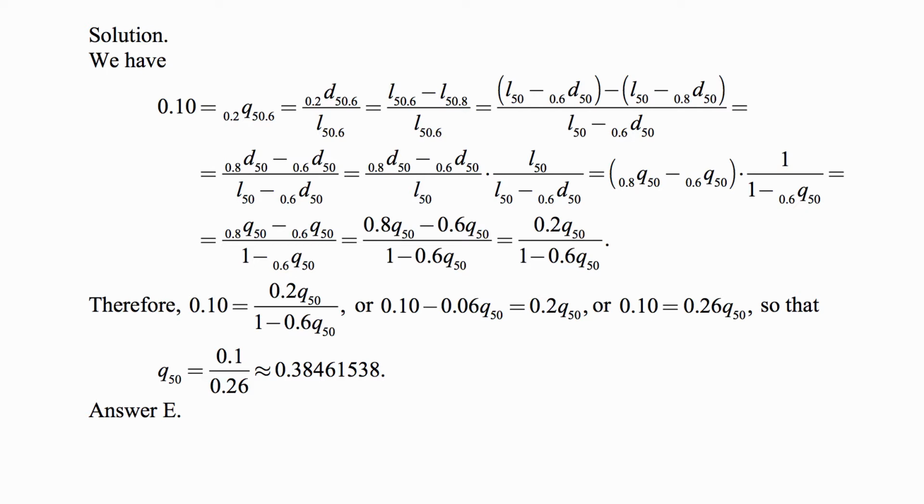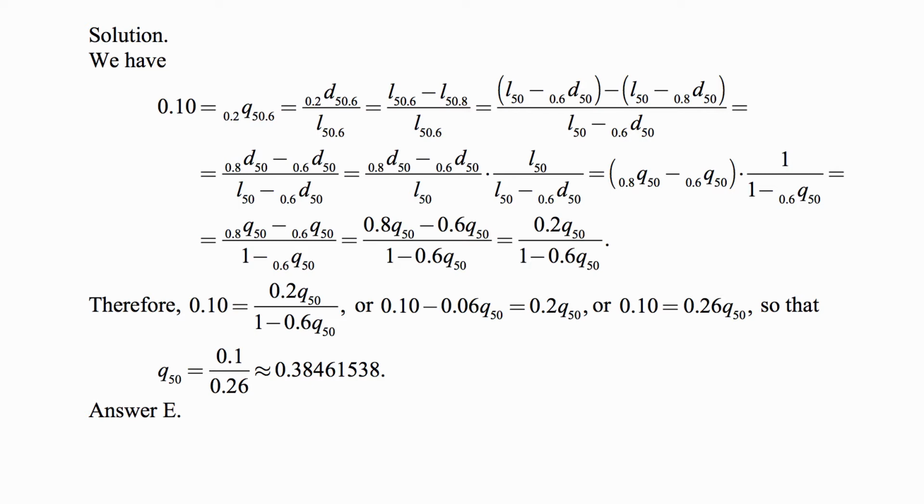And under the uniform distribution of deaths assumption, if you have tQx, that becomes t times qx. In other words, the subscript in front can be just made into a coefficient. So the expression that we have here, we can just rewrite as 0.8 Q50 minus 0.6 Q50 over 1 minus 0.6 Q50.